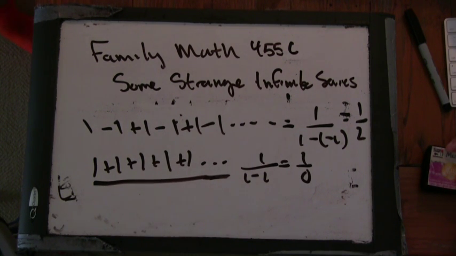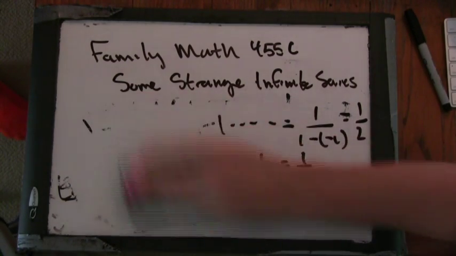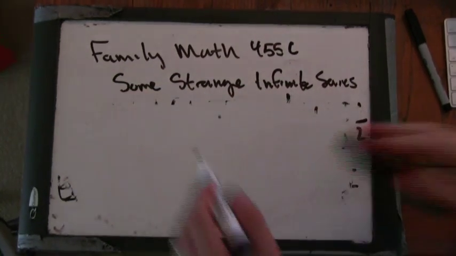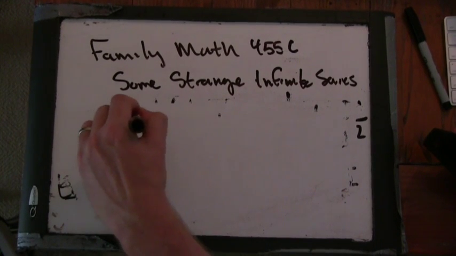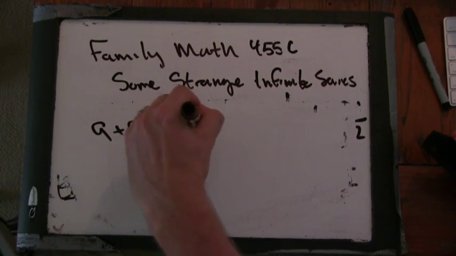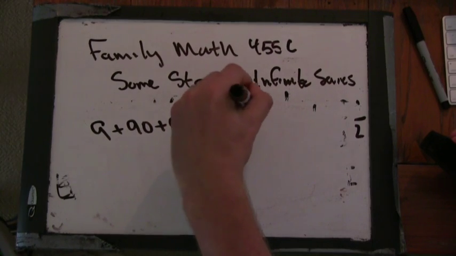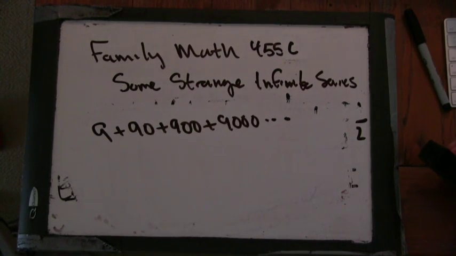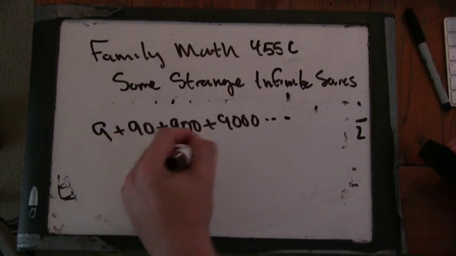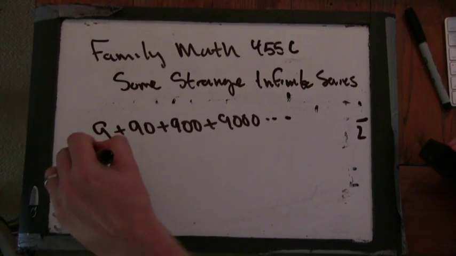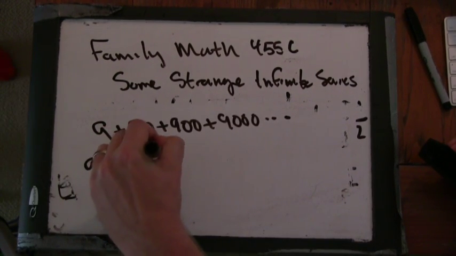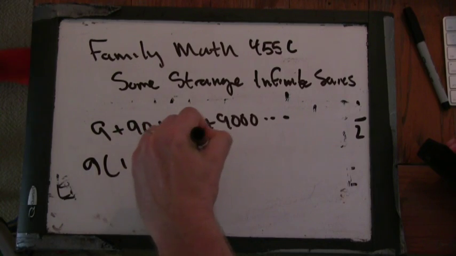But I want to show you just one other thing, because we looked at this 9999 series, right? In other words, that series I can break down as being 9 plus 90 plus 900 plus 9,000. So you're multiplying by 10 each time. Yeah, and I don't quite have the 1 plus, but I can factor out a 9. And I get 1 plus 10 plus 10 squared plus 10 cubed.